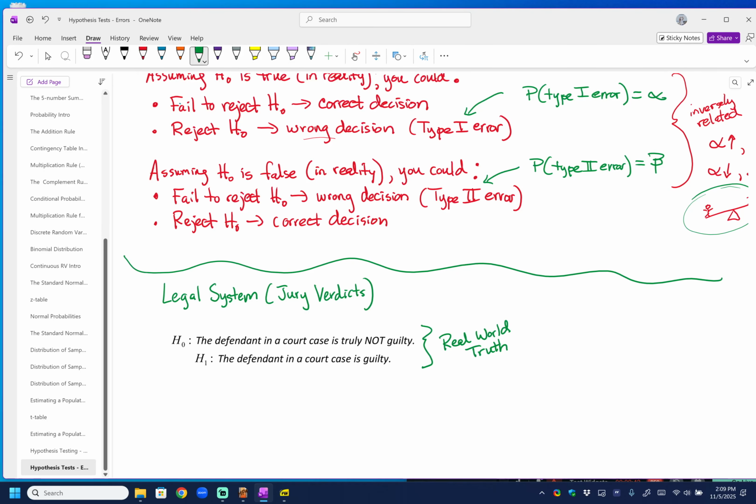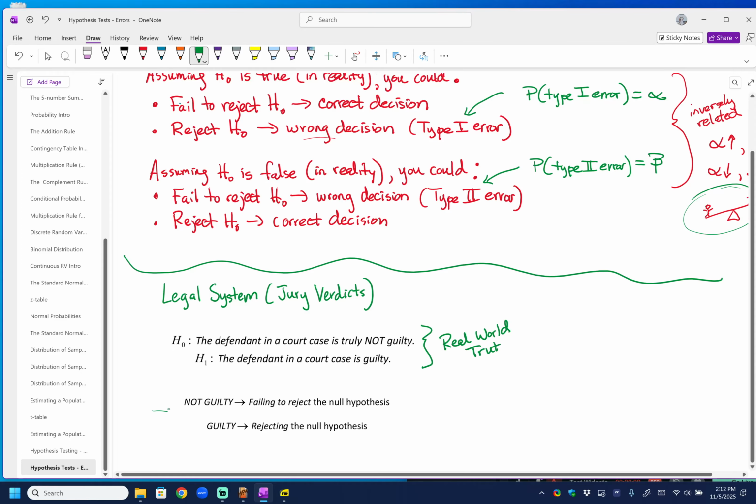We also need to set up how the jury works. At the beginning of a hypothesis test, we state the null and alternative. At the end, the hypothesis test makes a decision on whether you reject or do not reject the null hypothesis. So that's exactly what we're going to do. We're going to define failing to reject the null hypothesis as not guilty.